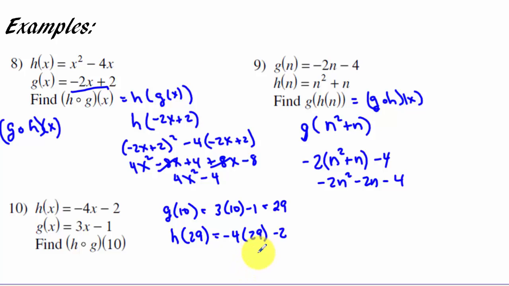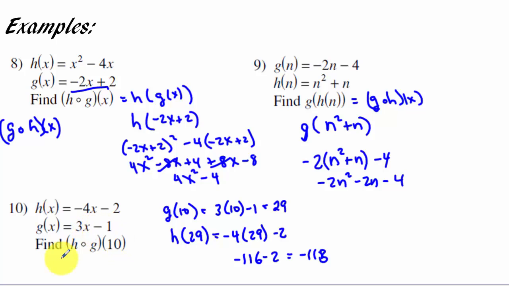So that here we get 36, 816 negative, minus 2, which is negative 118. So you just work your way from the inside out. So evaluate the inside function. Sometimes it's just replacing it with its definition, and other times we are calculating by plugging in a specific input into the function.